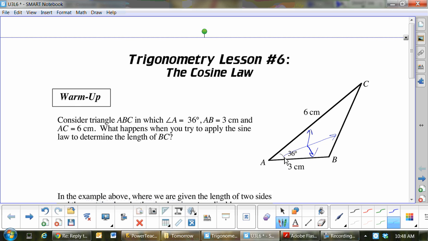Cos law, you need a fork, and it's side angle side, SAS. The other time you can use it is SSS, side, side, side. If you know all 3 sides of the triangle, using the cosine law, you can find any angle. You're not going to be able to do that with the sine law, because with the sine law you need at least one side angle pair.